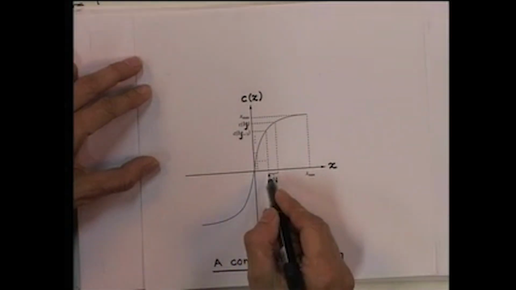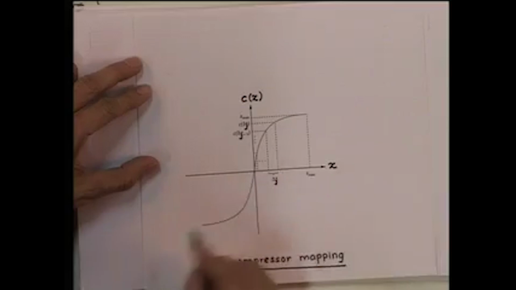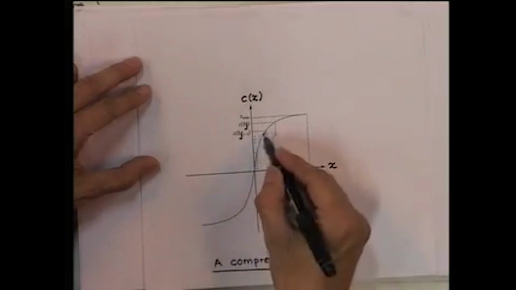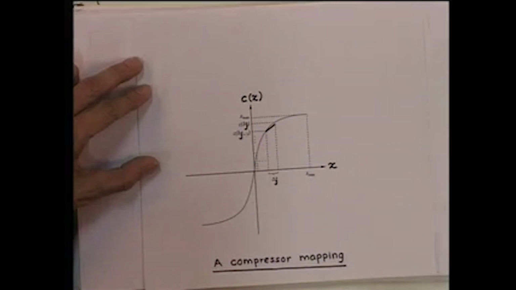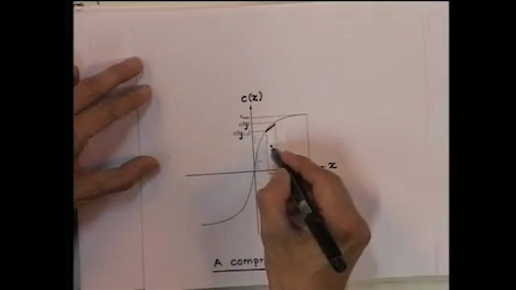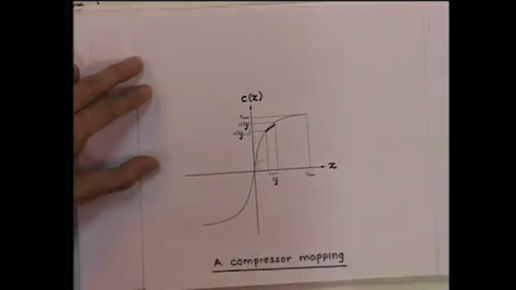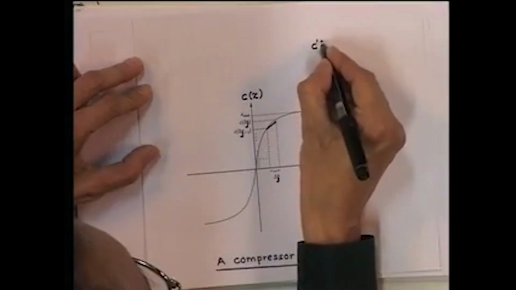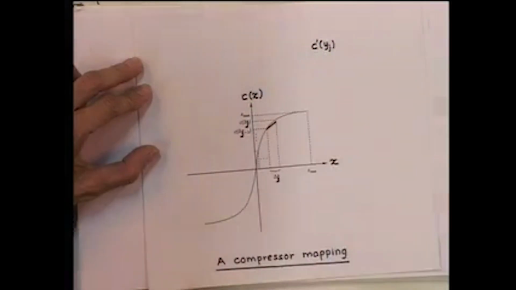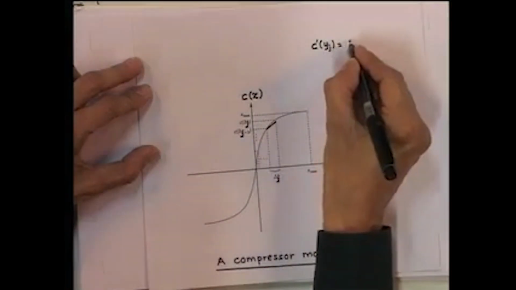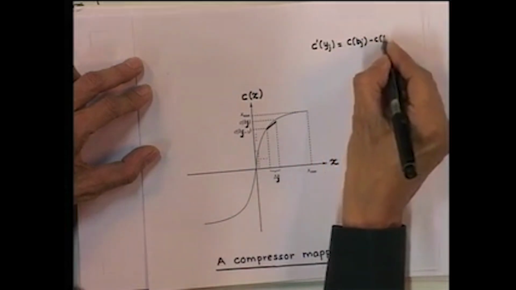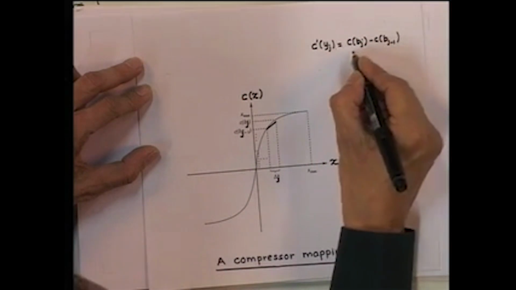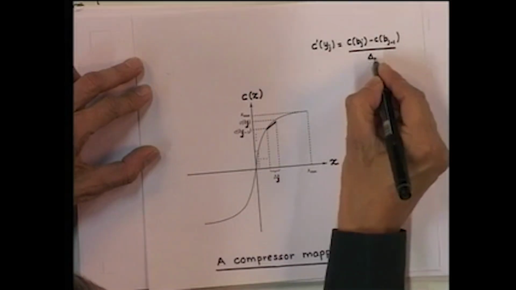So, within the jth interval, the compressor characteristic can be approximated by a straight line, and therefore, the derivative can be approximated as C dash y j is equal to C of b j minus C of b j minus 1 divided by delta j.